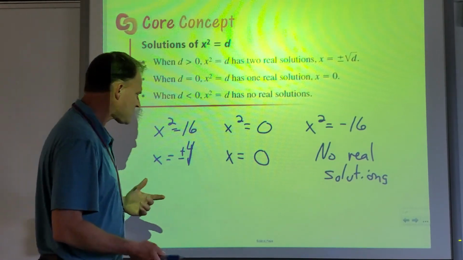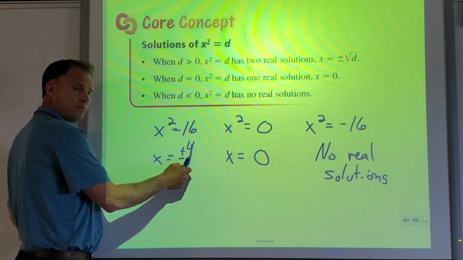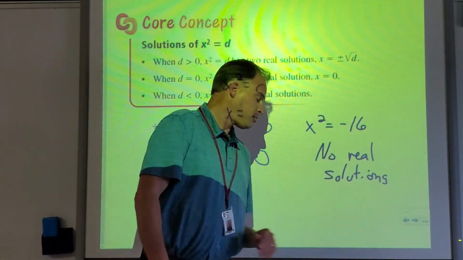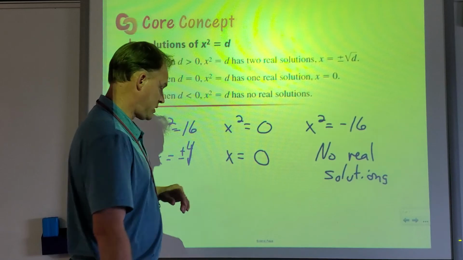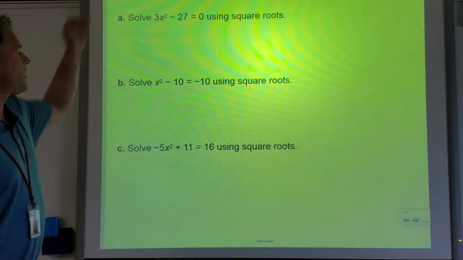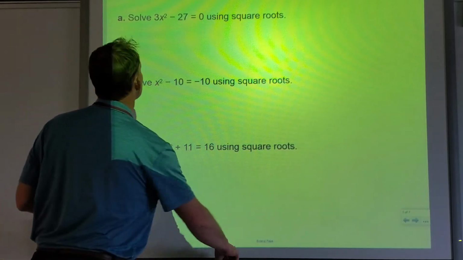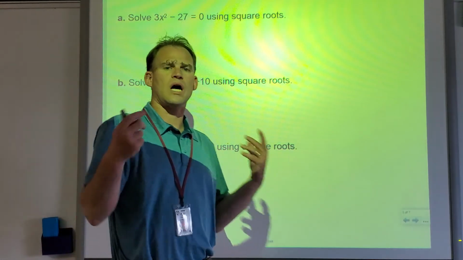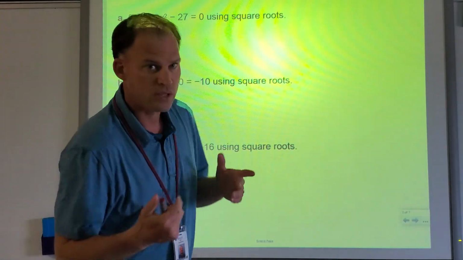But it won't always be a perfect square. And we've done plenty of stuff with square roots, and this is where we're going to use it. So, if I have a problem like this, I need to solve this equation. So you solve equations, you take a look.